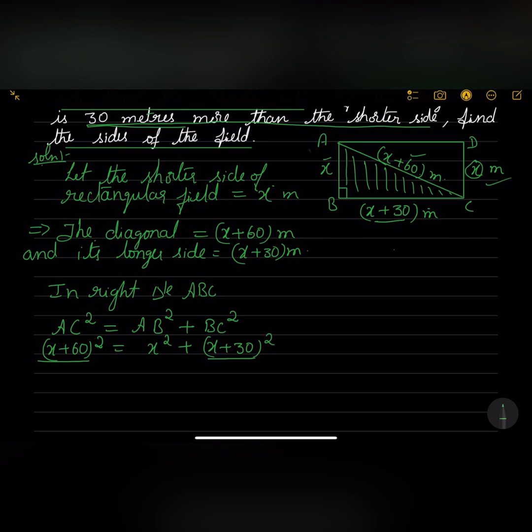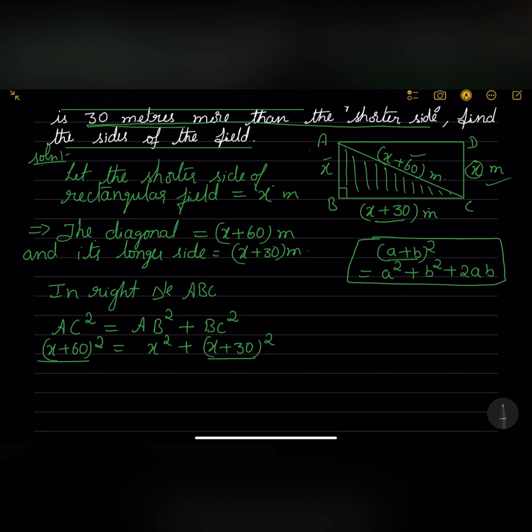This x plus 60 and x plus 30 are whole squares, so it is in the form of a plus b whole square. If you expand the identity, a plus b whole square is a squared plus b squared plus 2ab. Now for us, we have x plus 60 in the place of a plus b.